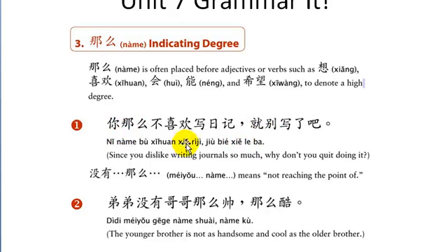So since you dislike writing journals so much, why don't you quit doing it? Okay? 没有那么 means not reaching the point of. So just to recap this first, 你那么不喜欢, you so much dislike writing journals. 你那么不喜欢, you dislike so much.